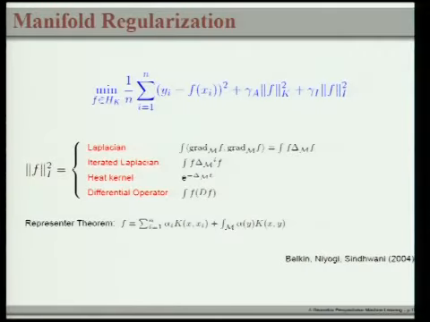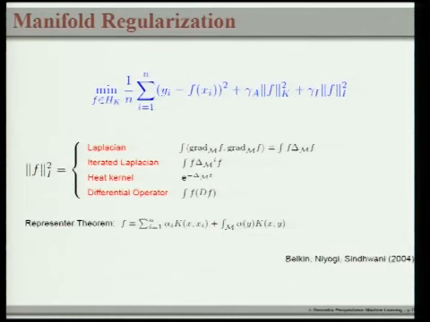So, this gives us something like this. You do exactly what you did before, but you throw in another penalization, and so given a function f, you want to penalize it intrinsically according to some norm, ||f||_I squared, which is defined intrinsically on the manifold. Now, there are a number of candidates for ||f||_I squared, okay, and every game that you've played over the last 50 years in Euclidean space can be played here.